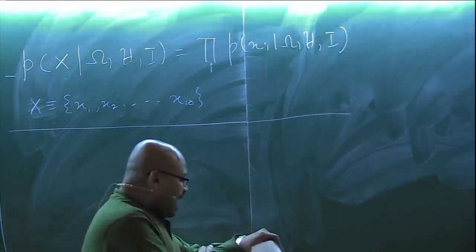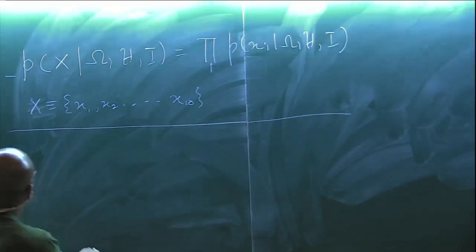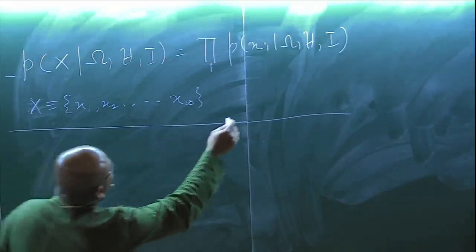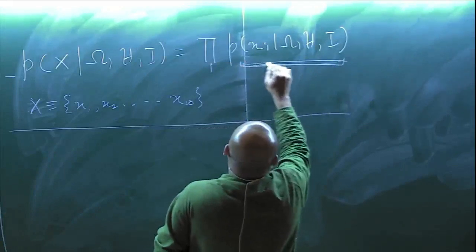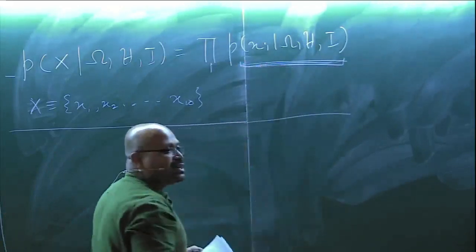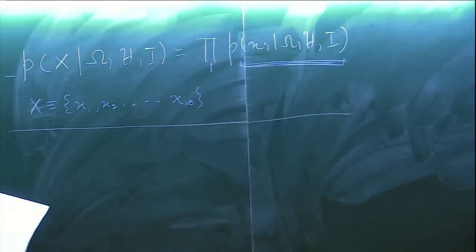Next question is, how do we evaluate this in practice? So these are now my individual likelihoods. Let's look at one of these terms.